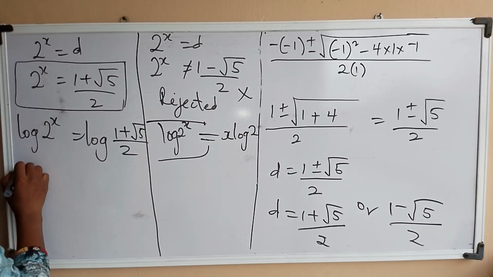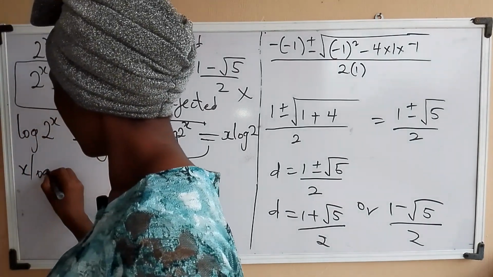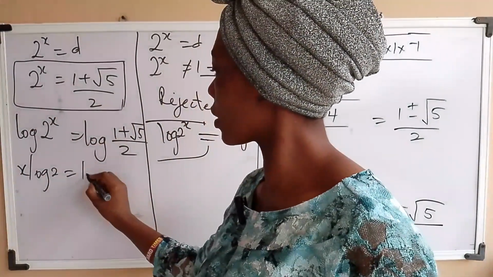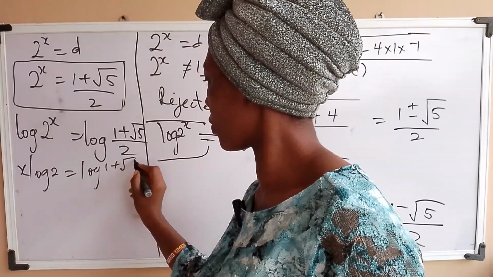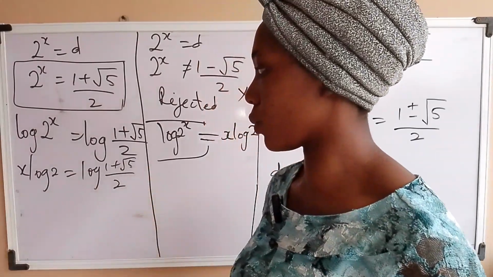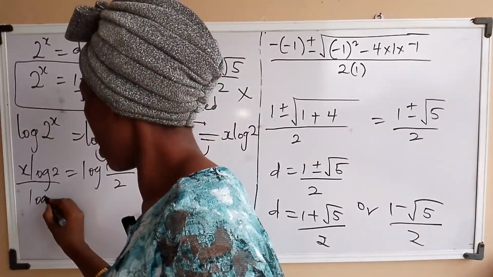You see it, so x log 2 is equal to log 1 plus root 5 all over 2. So we divide both sides by log 2.